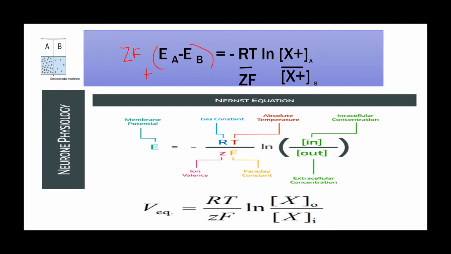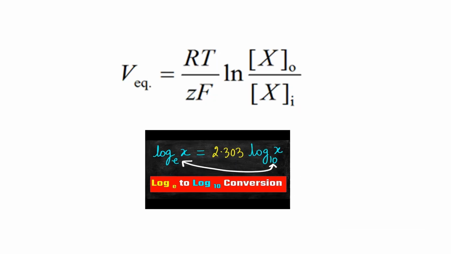Now we want to know the equilibrium potential for all these diffusible ions, that is sodium, potassium and chloride. So what is that? Before that we will convert this log base e into log 10. If we convert it, then we have to multiply it by 2.303, that we know.